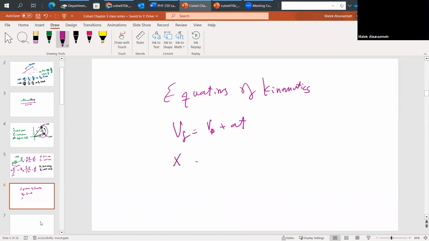Your distance x is going to equal 1/2 V naught plus V, maybe I'm going to stick with V as V final, times t. We had your V final squared equals your V naught squared plus 2A x, and x equals V naught t plus 1/2 A t squared.